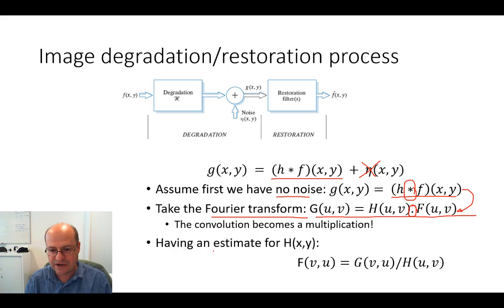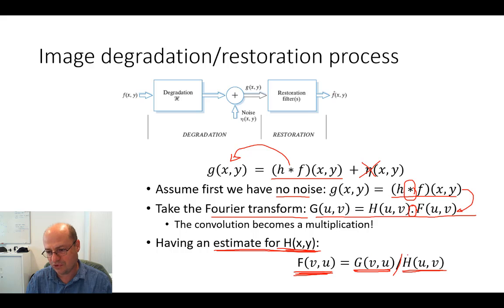So if we have an estimate for the degradation function in the frequency domain, I can obtain the original image. I can reconstruct the image by just getting the resulting image, the image that resulted from the degradation process. This is the G function, and just divide that by your degradation estimate.